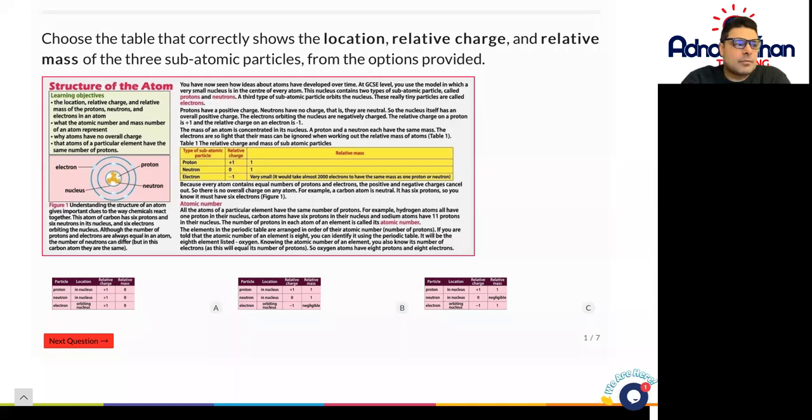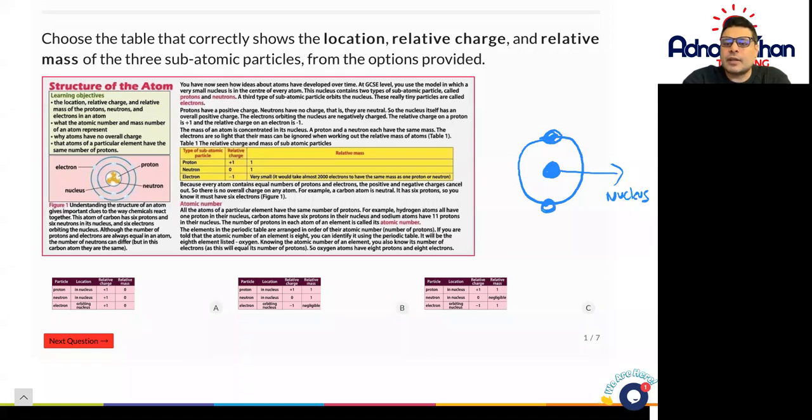So let's say, for example, we have here what we call the nucleus. Let's just label this nucleus. Now on top of the nucleus, we have another circle, and here we have electrons.